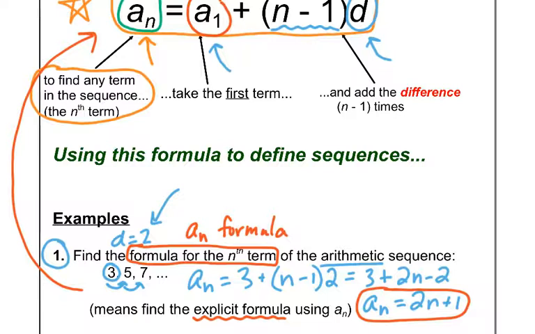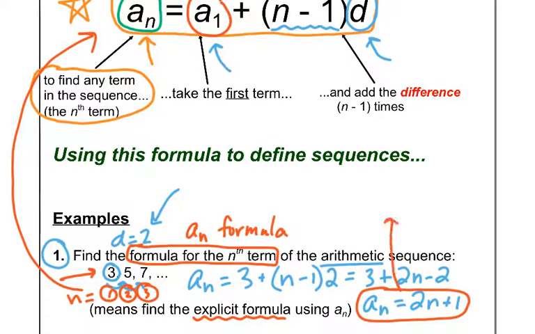It's almost like a function, where I can plug in a number such as 5 or 6 for n, and you can give me the actual term, a sub 5 or a sub n, whatever it is. Let's see if this actually works, because up here, when I have my sequence, 3 is the first term, 5 is the second term, 7 is the third term, and so on and so forth. So if these are my n values, can we check if this formula really works?